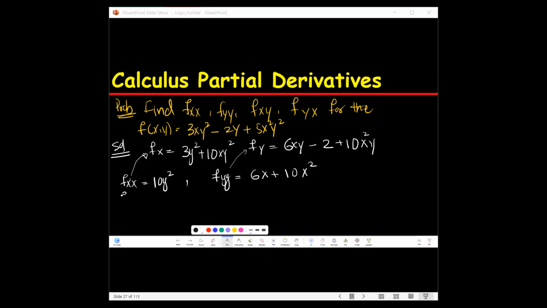Now if I take the partial derivative of fx with respect to y, fxy, I'm taking this function again and taking the derivative with respect to y. So this is going to be 6y, since I don't have any x here, plus 20xy.